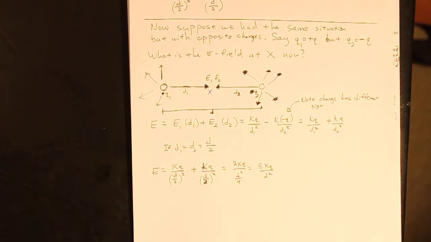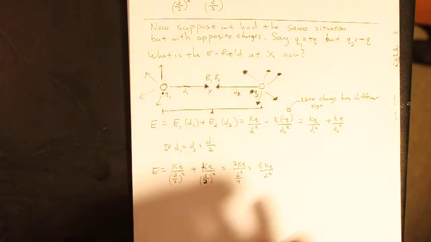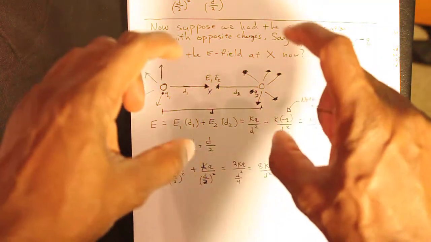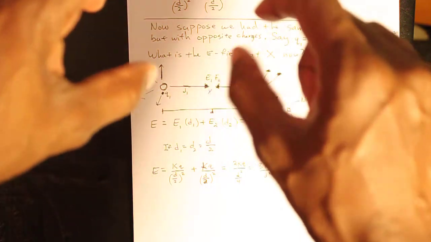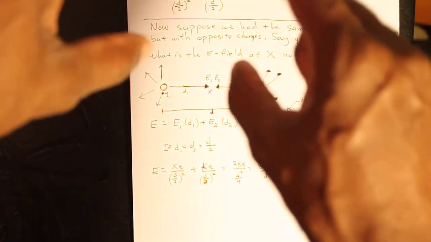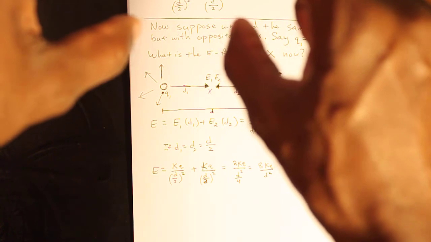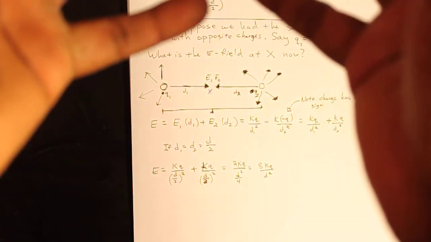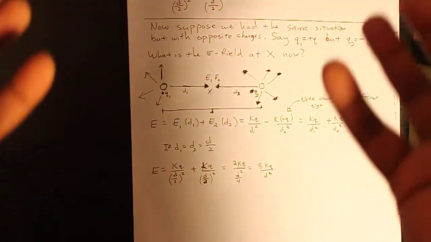So in general, this will work for any cluster of particles, whether you've got three particles arranged in a triangle, or 4 particles arranged at the corners of a square, or 6 particles arranged at the corners of a hexagon.